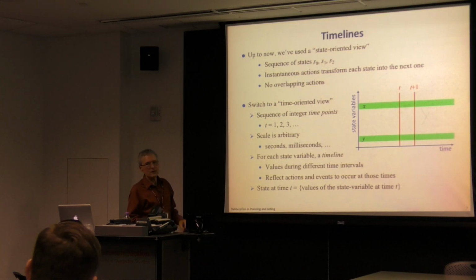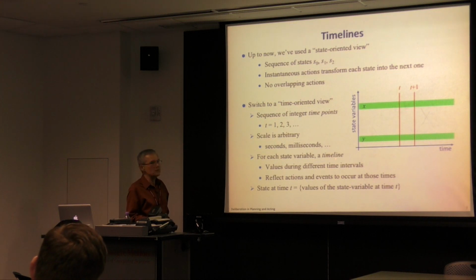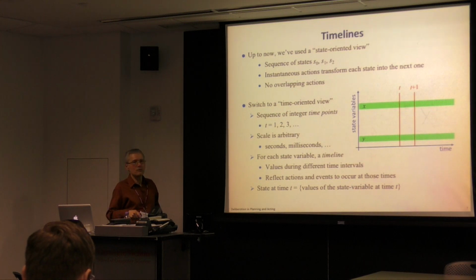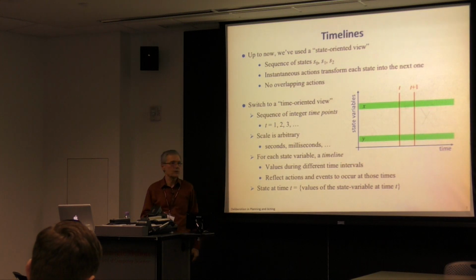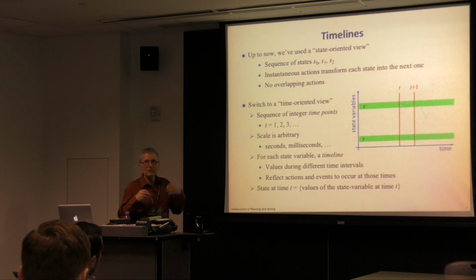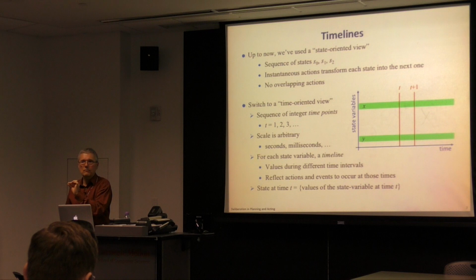For each of the state variables that we had before, we're going to have a timeline associated with that variable, saying what values it has during different time intervals. And that's going to reflect whatever happened to change its value at those times. And so now the state of the world at some time t is you simply look at all of your state variables. What are the values that they happen to have at that particular time? That is your state.